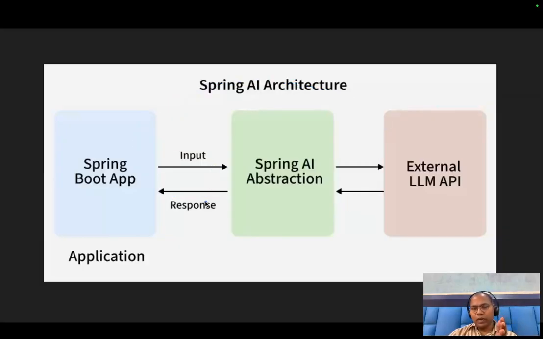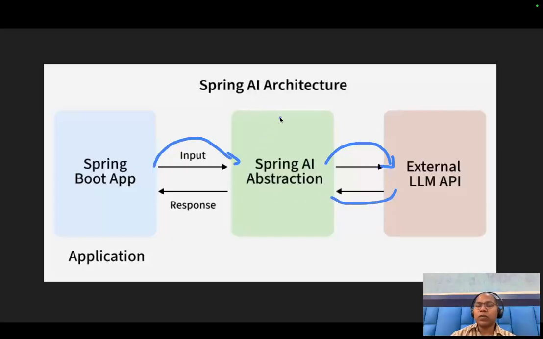So what Spring offers is that they add one layer, known as the Spring AI abstraction layer. Our application talks to the Spring abstraction, and Spring AI then internally invokes any external open source or cloud-based LLM and receives the response.